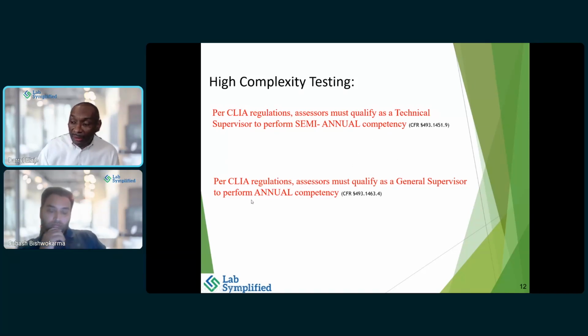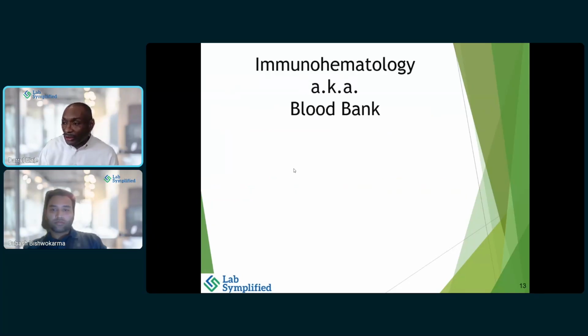They could perform annual competency assessment, but that's the only thing they could do. There are other things that they were not qualified for. They're still not qualified in high complexity lab, but they have that option because so much is becoming automated, as I mentioned earlier, for the technical consultant to move up in laboratory administration.